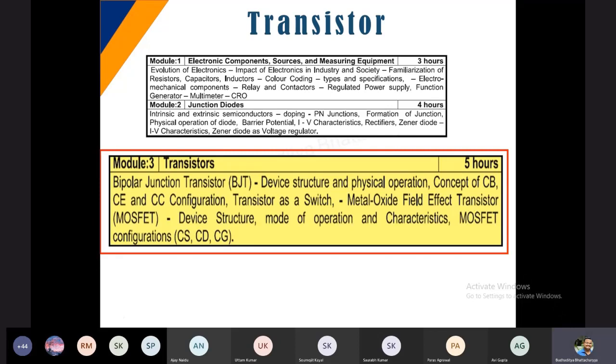In MOSFET also we have a similar kind of outline: device structure, mode of operation, configuration. Instead of common base, common emitter, and common collector, it will be called common source, common drain, and common gate terminal. So we'll see that one by one.